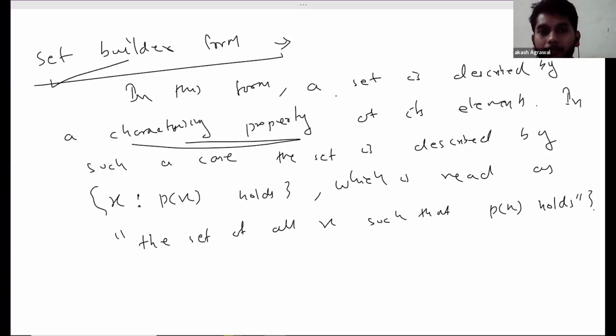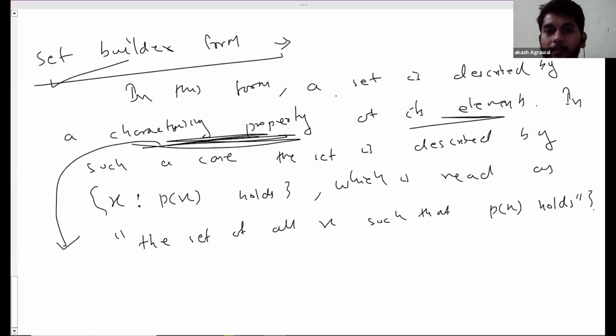सेट बिल्डर मेथड। That characterizing property, तुम सब गधे हो, that was the characterizing property of its elements. आ गया सबको समझ में? Yes, sir. तो एक कॉमन प्रॉपर्टी ढूंढनी होती है बस कि कॉमन क्या उनमें, ठीक है?